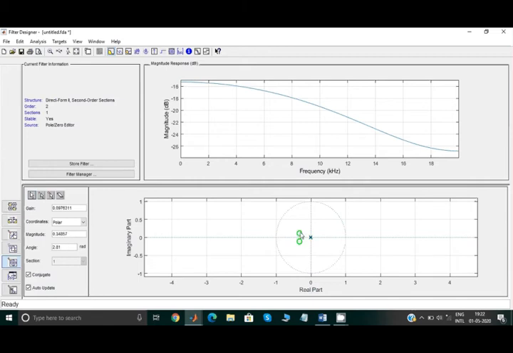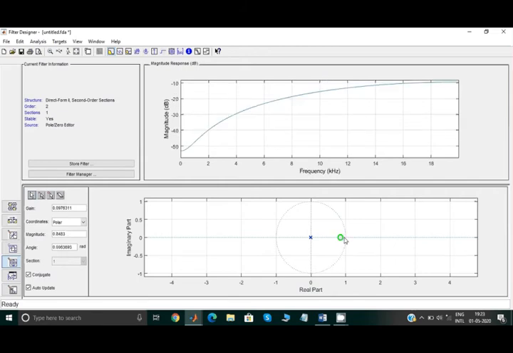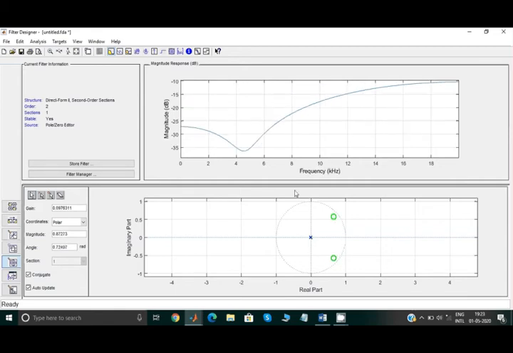So now let us see the effect of a zero. Similarly, as already told for the case of the pole, here you see when you put a zero near to 0 frequency, you get maximum attenuation at 0. Similarly, when you put the zero near to 5 kilohertz, you get maximum attenuation near 5 kilohertz.